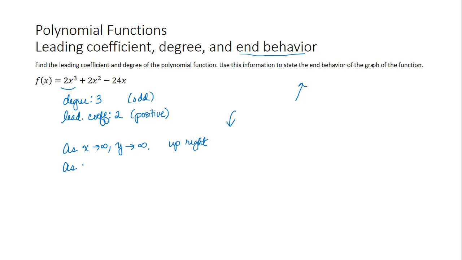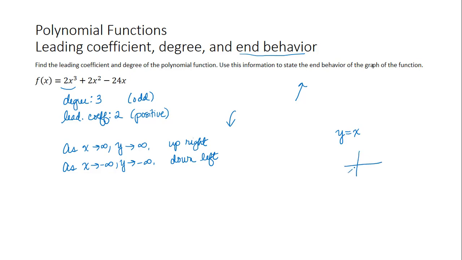And as x goes to negative infinity, y goes to negative infinity. So that is the same thing as saying it goes down to the left. The simplest example of this is y equals x. Do you recall that is a line whose slope is 1 with a y-intercept of 0?